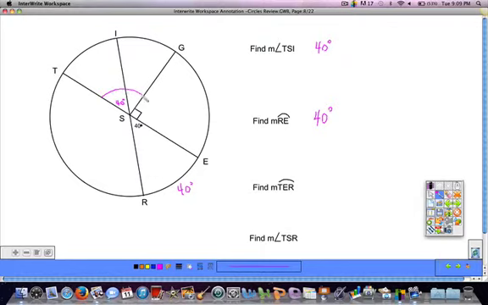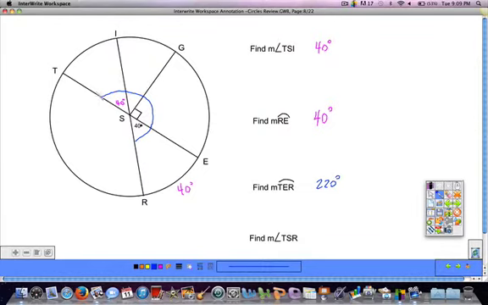That means from here to here is 180 degrees. But I've got to go all the way to R. So T through E to R. 180 plus 40 is 220 degrees.